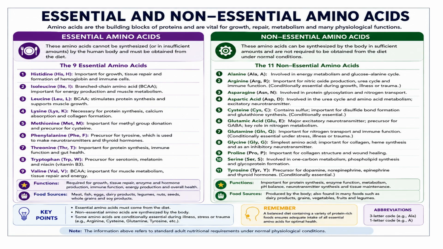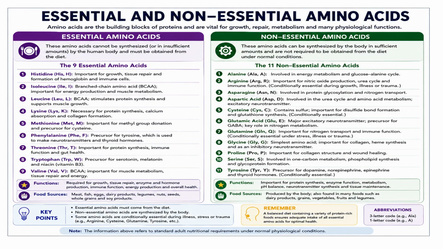Explanation: essential and non-essential amino acids. Amino acids are the building blocks of proteins and are essential for growth, tissue repair, metabolism, and many other physiological functions. Based on the body's ability to synthesize them, amino acids are classified as essential, non-essential, and conditionally essential. Essential amino acids cannot be synthesized by the human body in sufficient amounts, and therefore must be obtained from the diet.